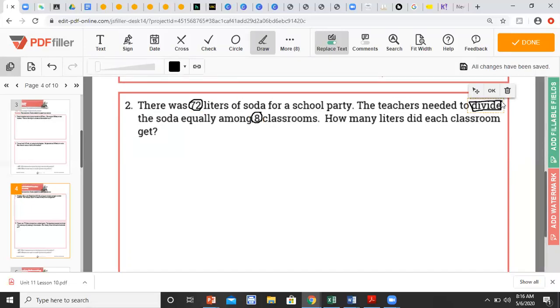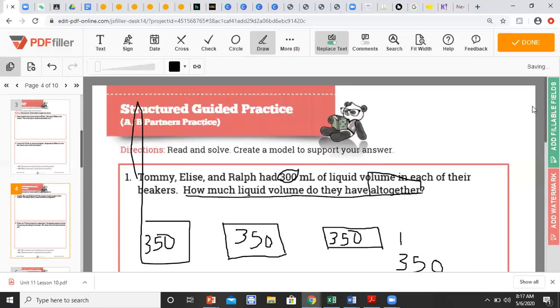So all we're going to do is divide 72 divided by 8 equals 9 liters.